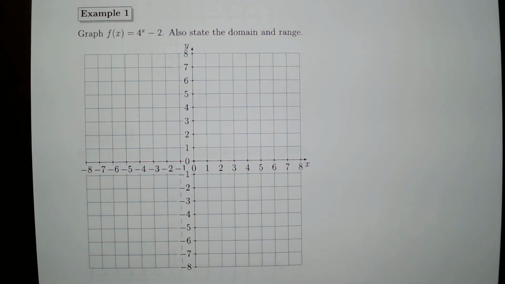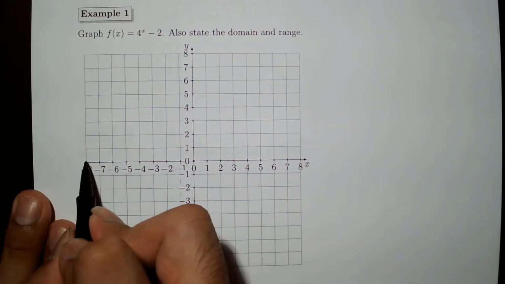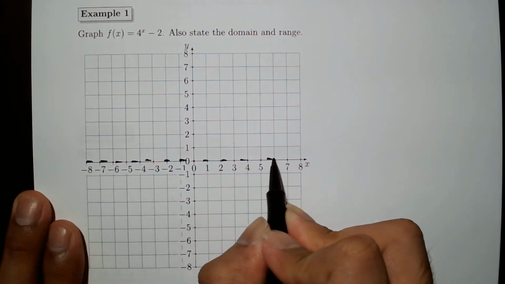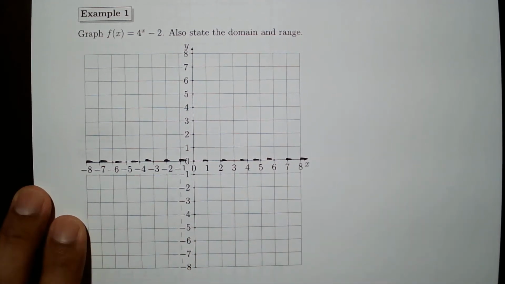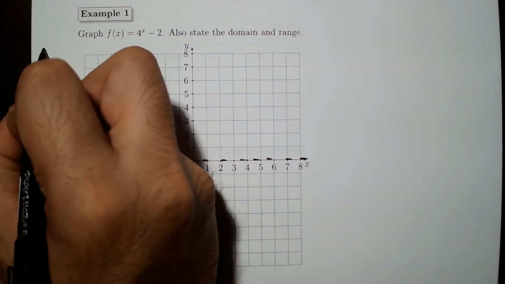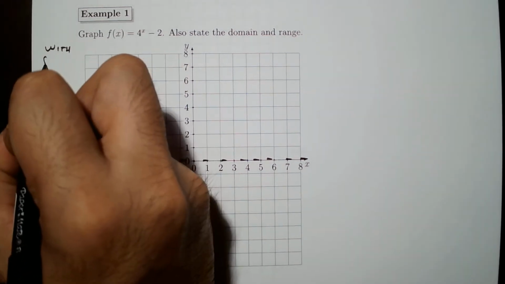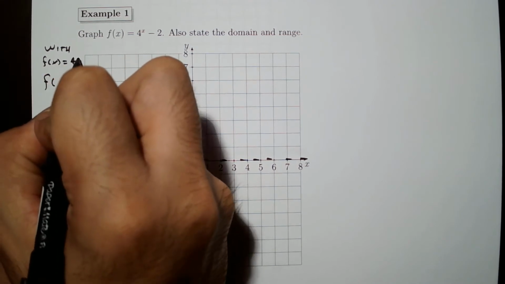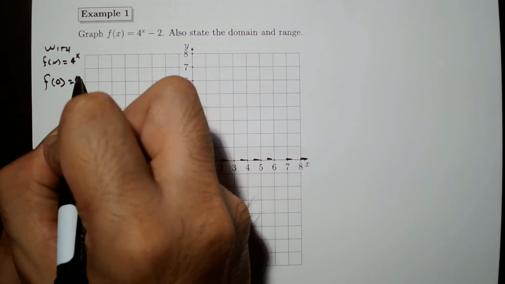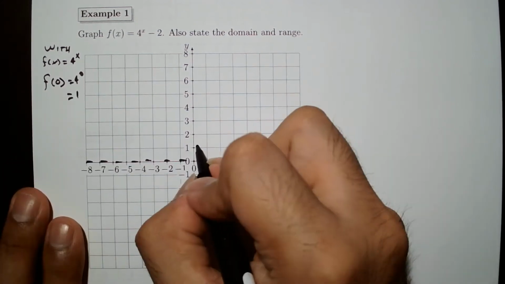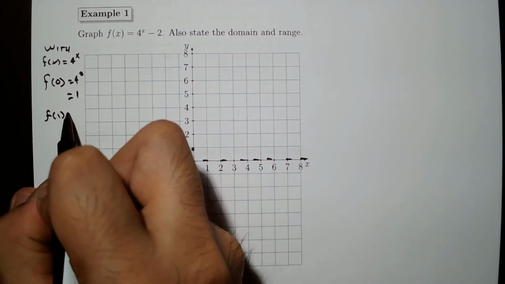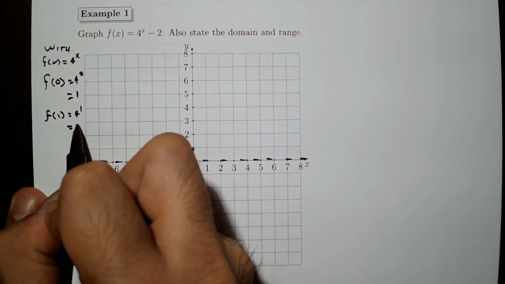Number 1, originally we have this horizontal asymptote, which is the x-axis. With f of x equals 4 to the x, f of 0 equals 4 to the 0, which is 1. And then f of 1 is 4 to the 1, which is 4.